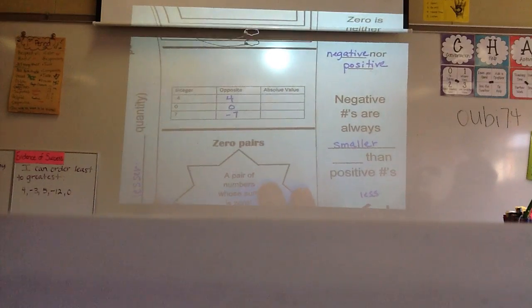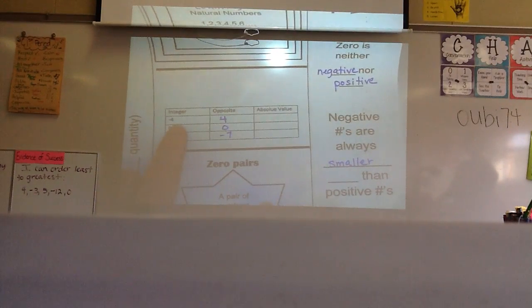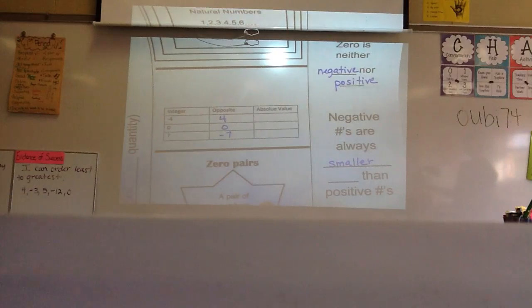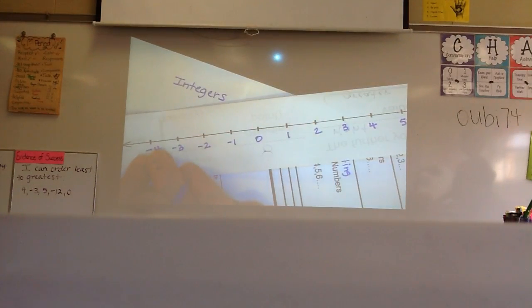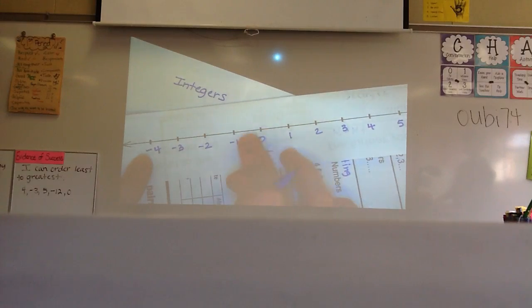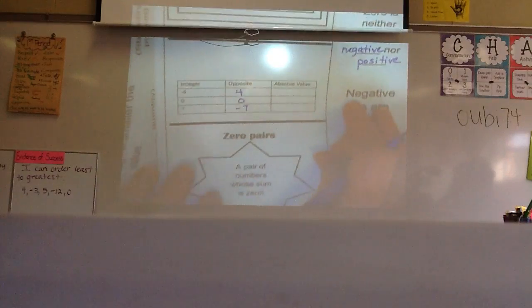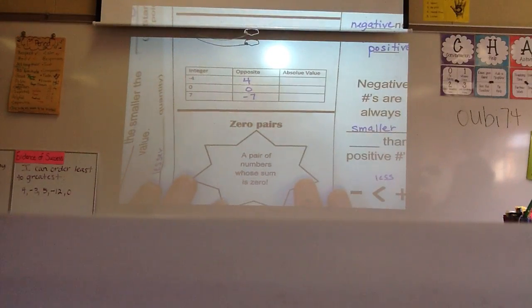Or if the temperature is -4 outside, and the temperature increases by 4 degrees, now you're back at 0. So if you look at your number line, if you start at -4 and then you go up 4, where do you end up? At 0. So 0 pairs kind of cancel each other out. They make each other 0.